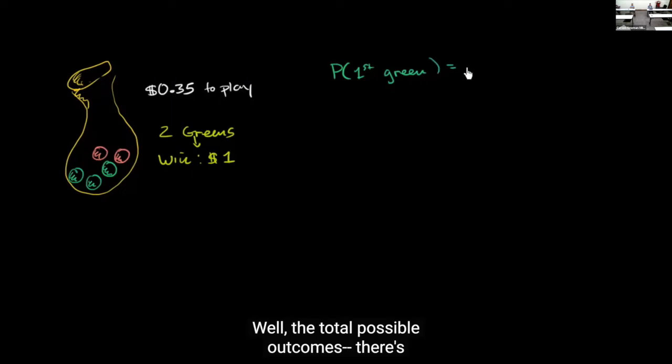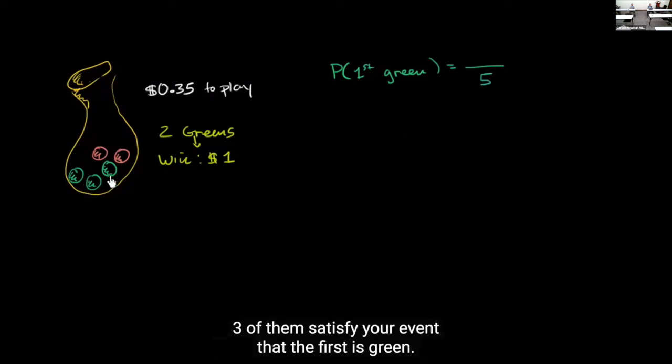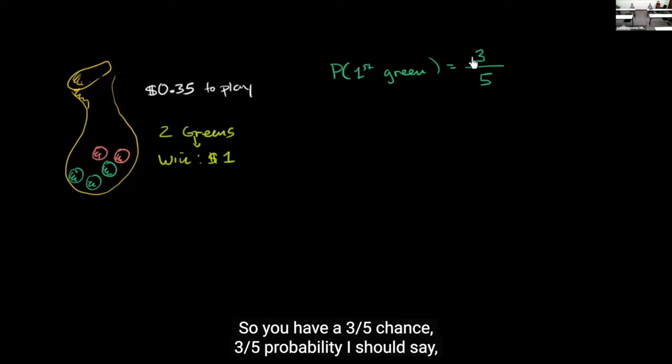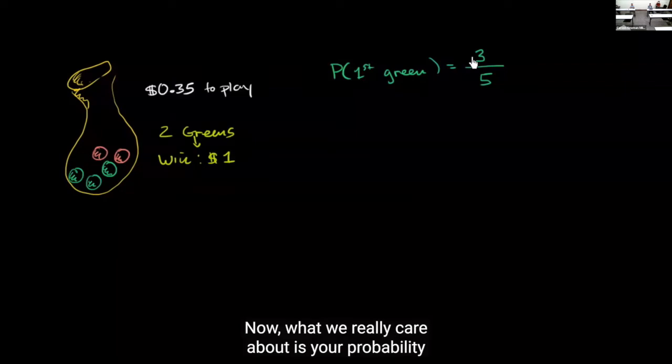Well, the total possible outcomes, there's 5 marbles here, all equally likely. So there's 5 possible outcomes. 3 of them satisfy your event that the first is green. So there's a 3/5 probability that the first is green. So you have a 3/5 probability that after that first pick, you're still in the game.